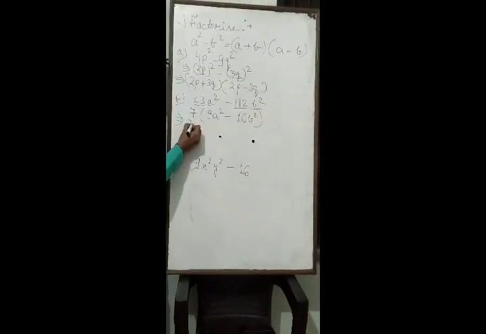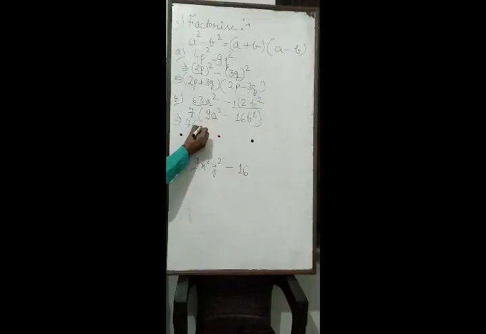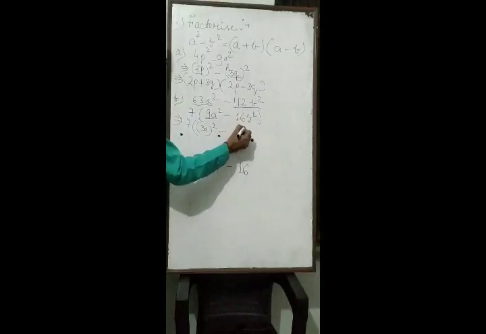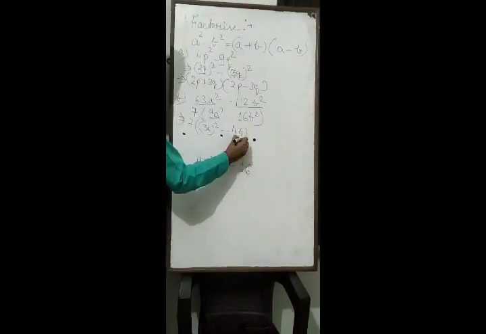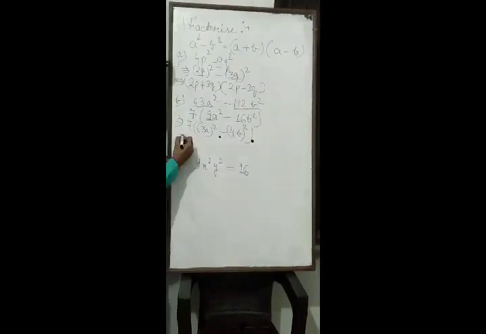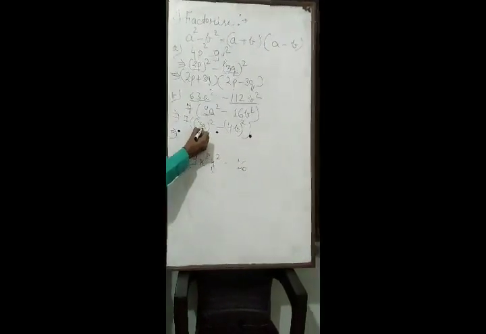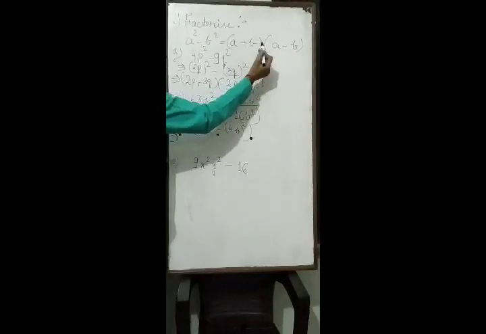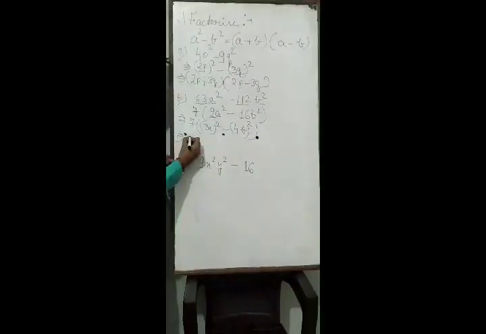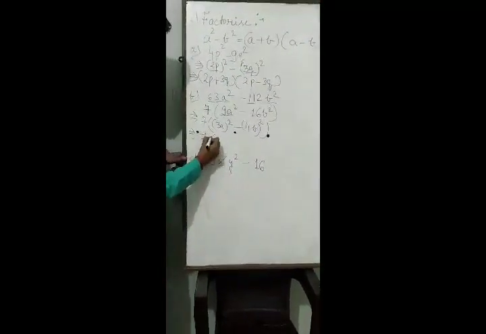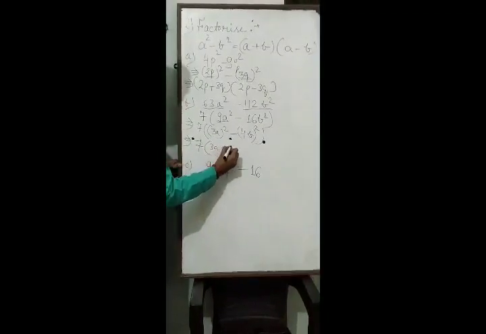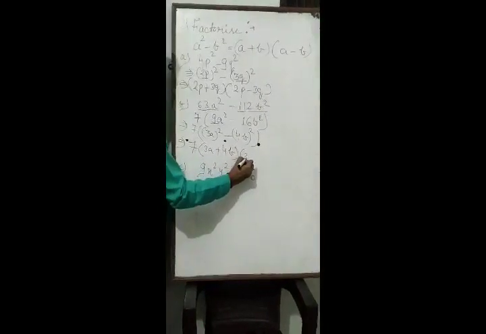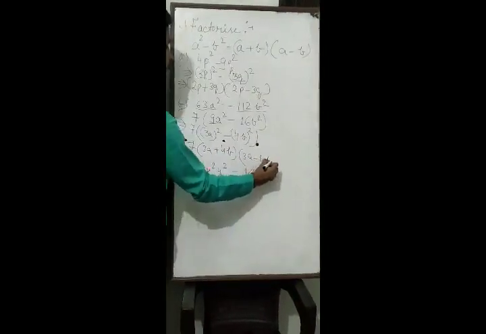Now we have 7. 9a square we can write like 3a whole square minus 16b square, we can write like 4b whole square. That means now we can compare this value by the identity. Which identity? A square minus b square. That means a plus b and a minus b. So we can write this value like 7 bracket 3a plus 4b and in another bracket 3a minus 4b.